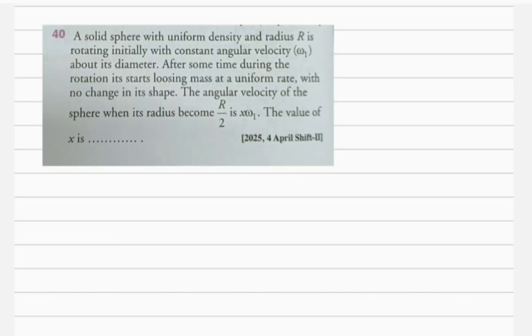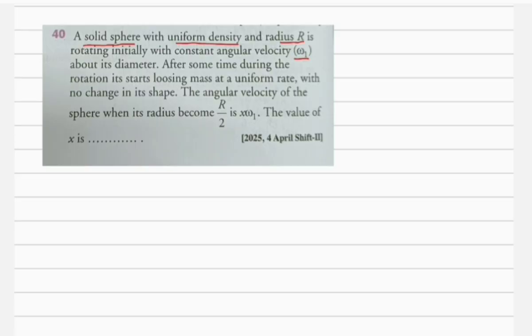First of all, students, you are given the radius data r/2, and from it you should be able to find the mass data, right? So let me go in a stepwise manner. It's a solid sphere where density is uniform, and its radius is r. Its initial angular velocity is omega 1 about its diameter.